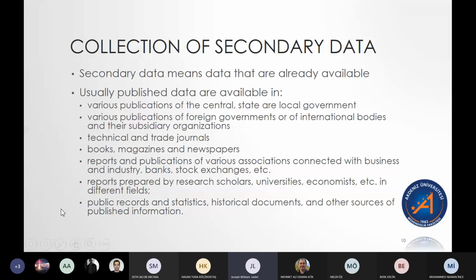Because health statistics are not public. In fact, I don't know here about Turkey, but in America we have something called the HIPAA law that has to do with privacy in medical information, privacy and health information. So I don't know if Turkey has that or not. Some of you might know. All right.